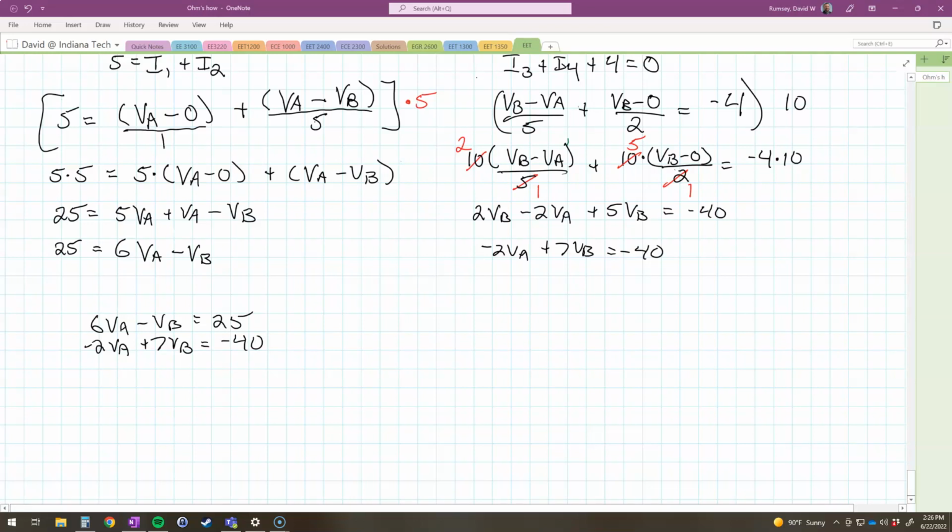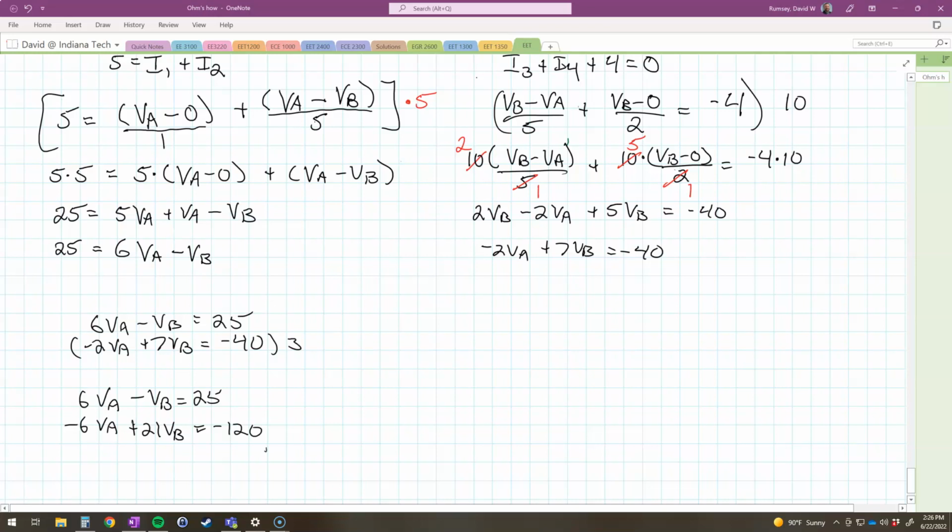I'm going to multiply this bottom equation by 3. And so I'd wind up with the top equation being 6 VA minus VB equals 25, minus 6 VA plus 21 VB is equal to negative 120.